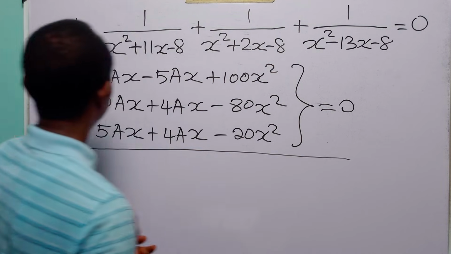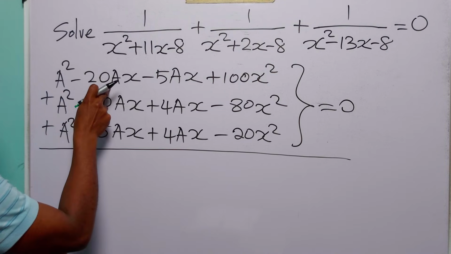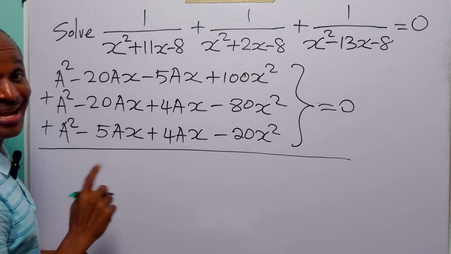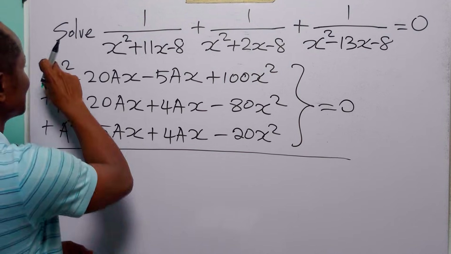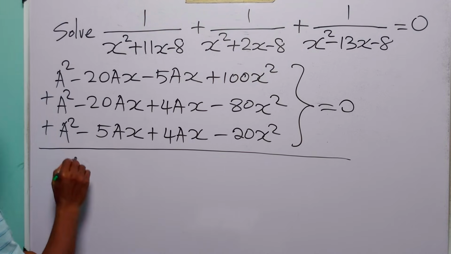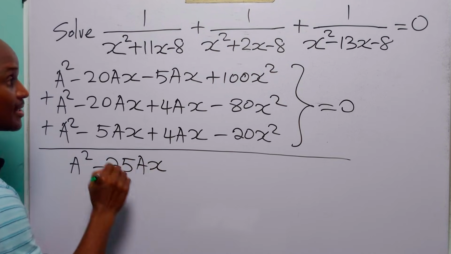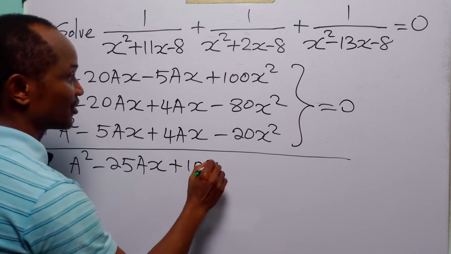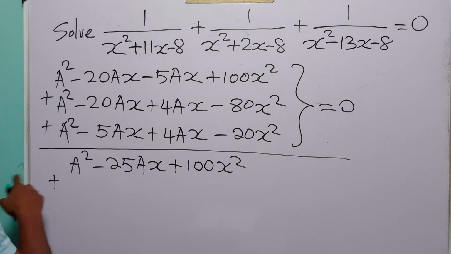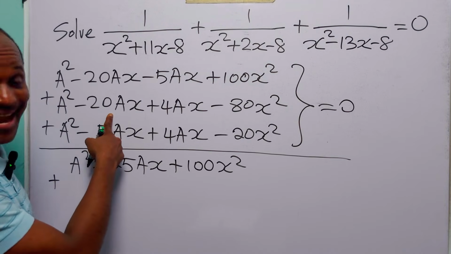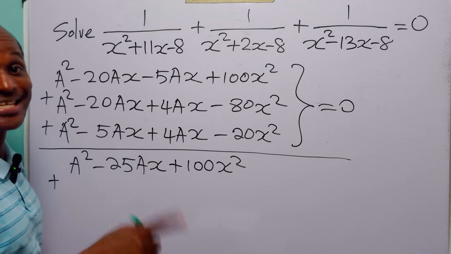Now, from the first expression, minus 20ax minus 5ax is equal to minus 25ax. So this first expression is a squared minus 25ax plus 100x squared. Now the second one, of course, we still have plus. Minus 20ax plus 4ax is equal to minus 16ax.